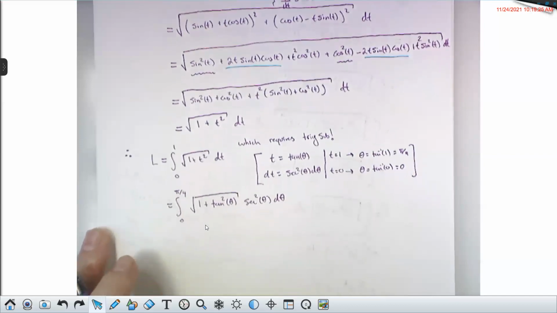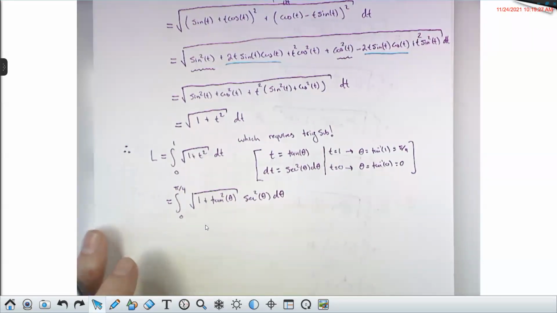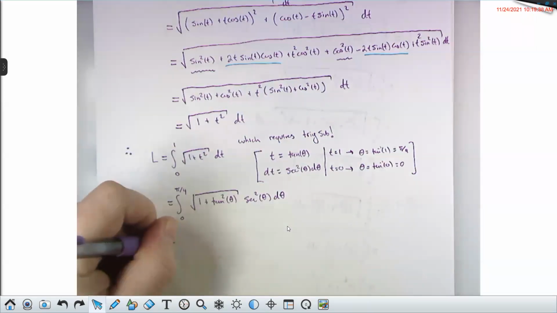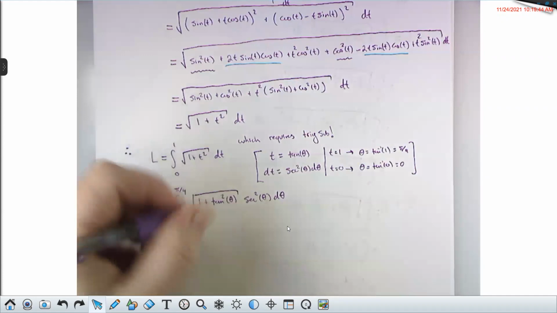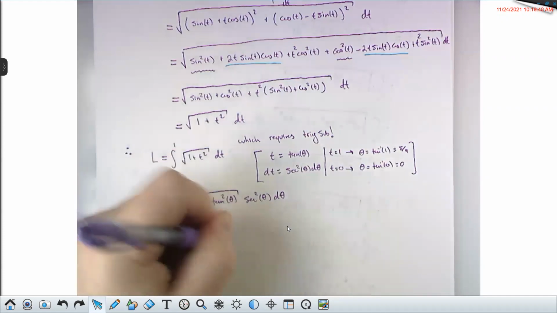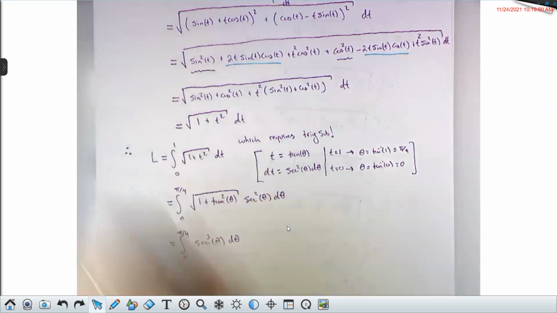If you weren't angry at this problem yet, you're about to get angry at it now. Even if the idea of trig sub didn't bother you, the resulting trigonometric integral will make your blood boil, because 1 plus tan squared is secant squared. Square root of that is secant. So this is our old friend secant cubed.